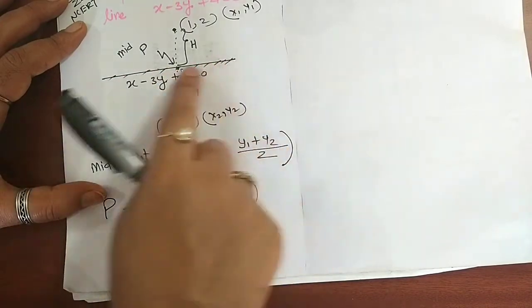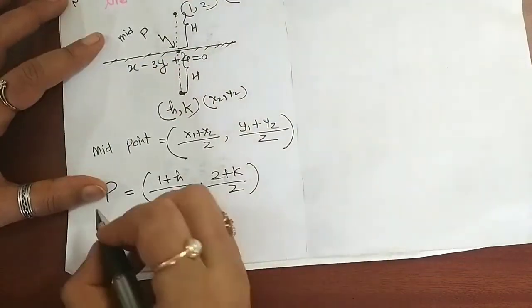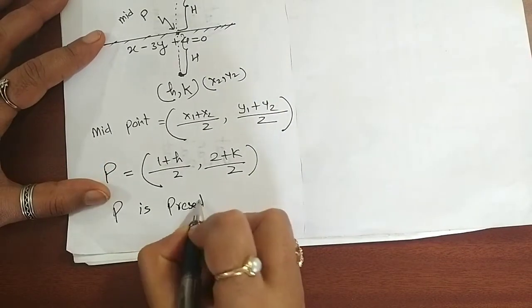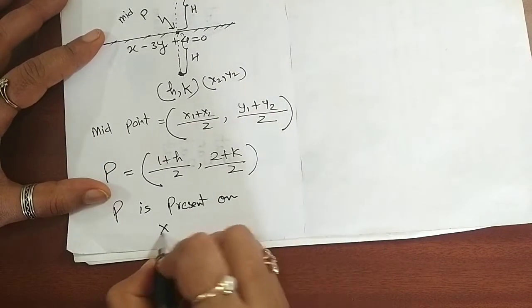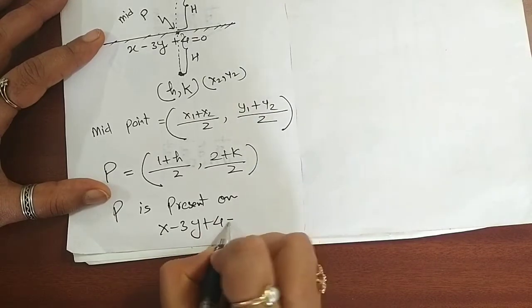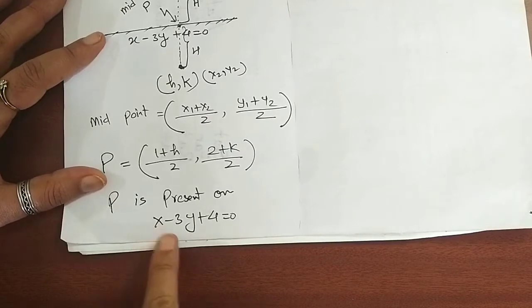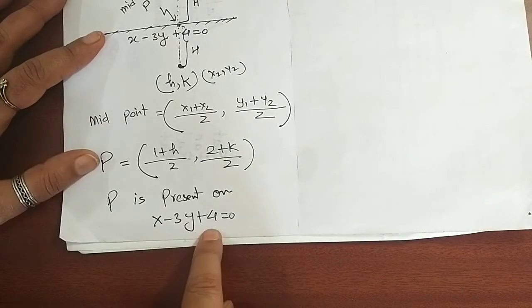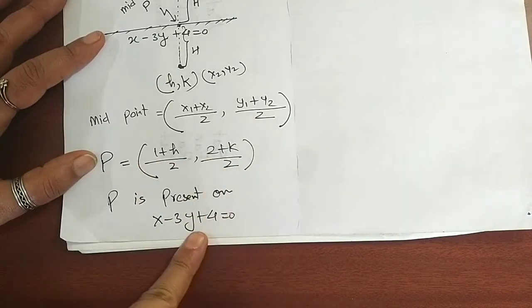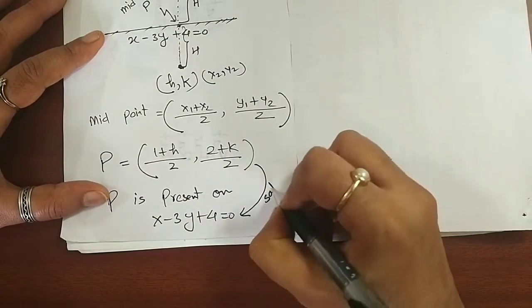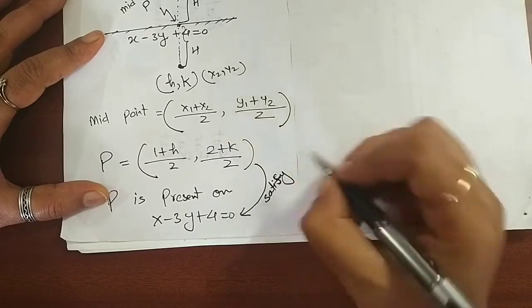So this point is P. Don't you think P is present on this line x minus 3y plus 4? If any point is present on a line, it satisfies the equation. We know that. So this point should satisfy this equation.